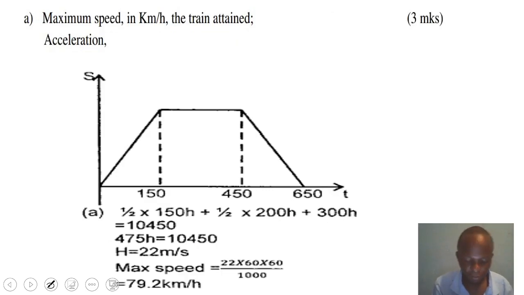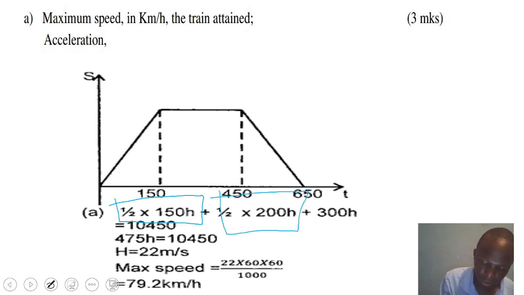As we can see, a half times 150h is the area of the first triangle, then a half times that is the area of the second triangle, and 300 times h is the area of the rectangle.